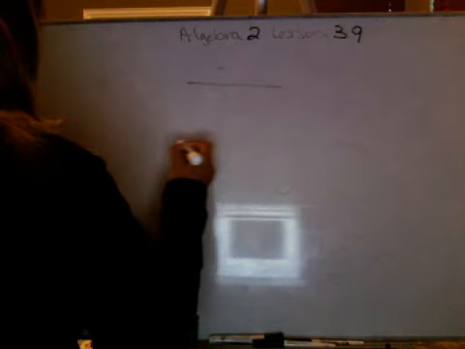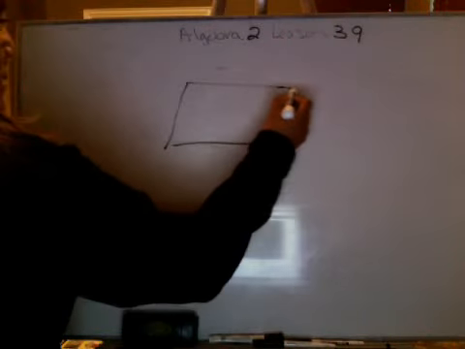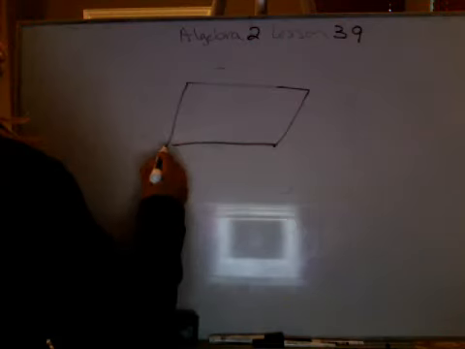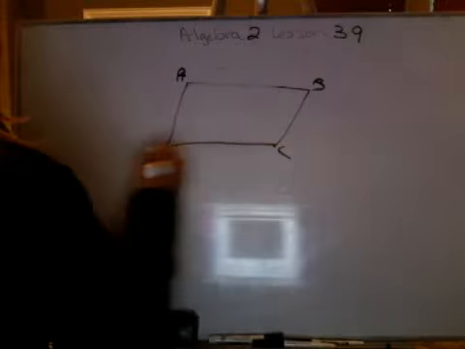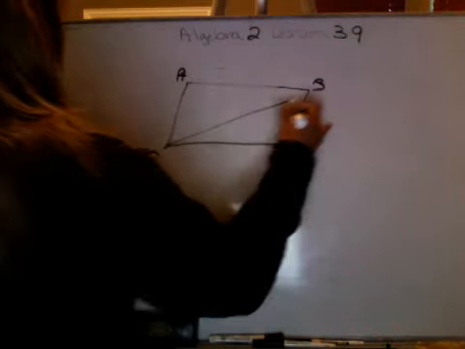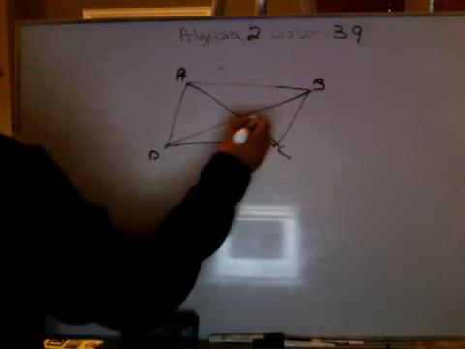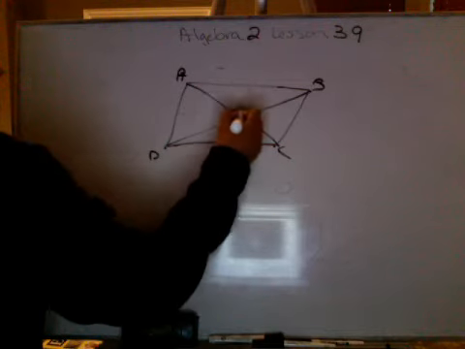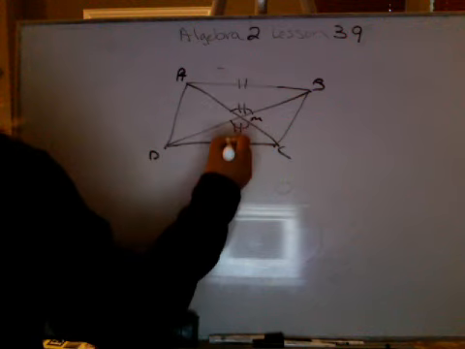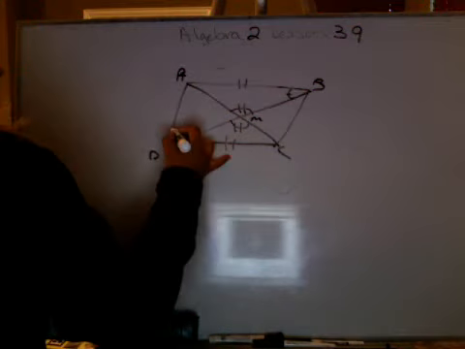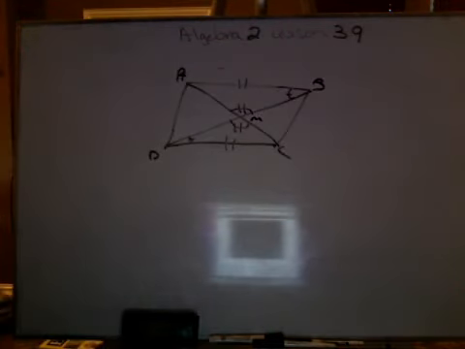So we said a parallelogram. I'm going to attempt to draw this. So we have A, B, C, D, and you've got M. Okay, so these are things that we've already proved.